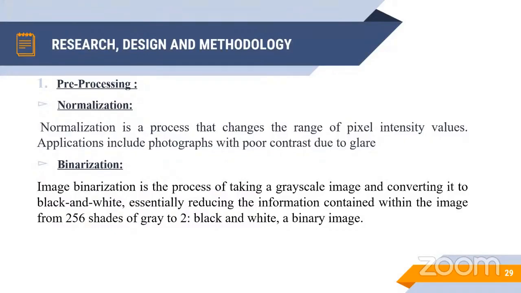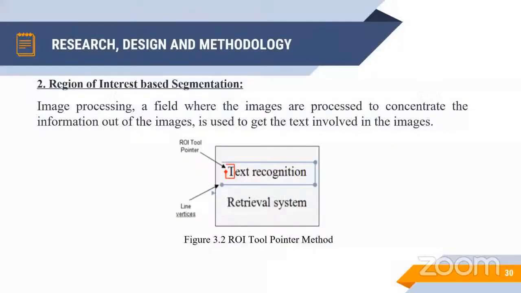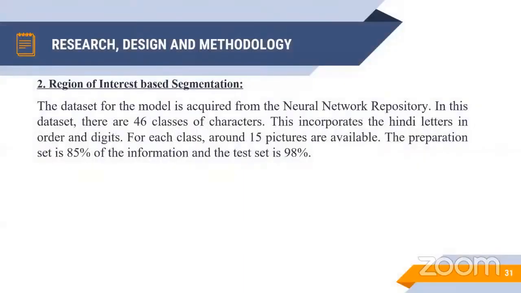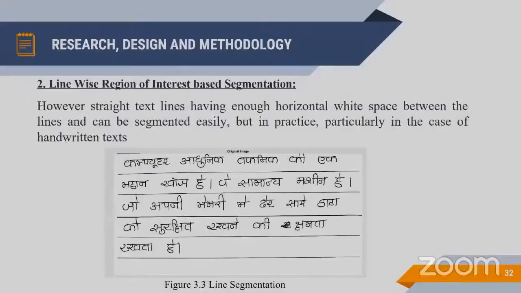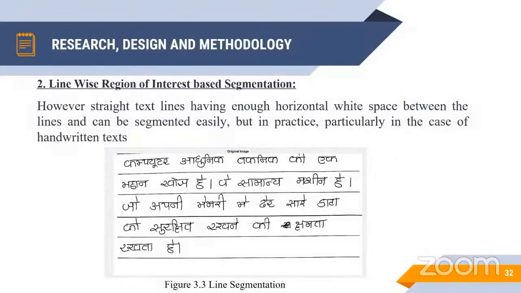0 is for black and 1 is for white. The region of interest based segmentation. Segmentation means identifying some characters on the paper. See here, the red box is there. The red box is a segmentation. They identified one letter, one font on the paper. The next one is line-wise region of interest based segmentation.